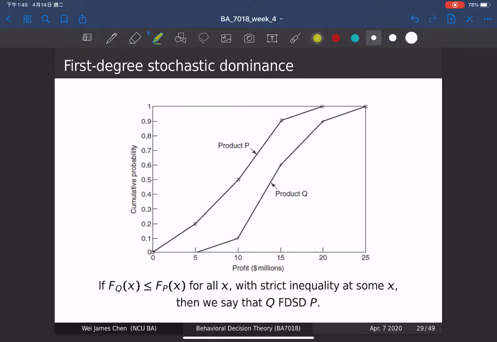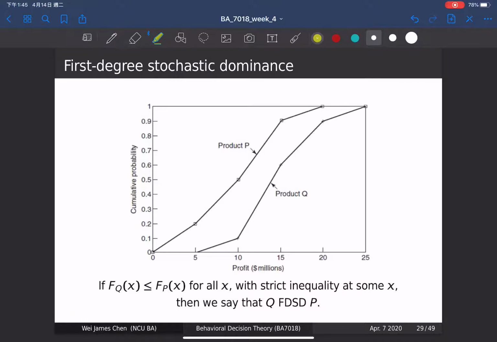Do you understand this statement? Then we say that Q first order stochastically dominates P. First degree stochastic dominance. Sorry, first order, first degree.